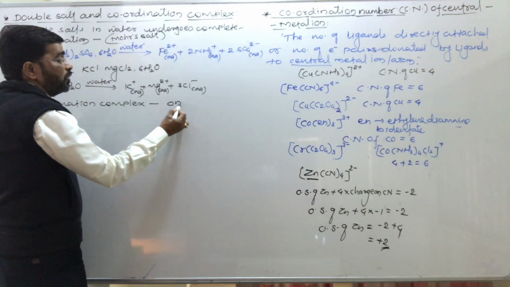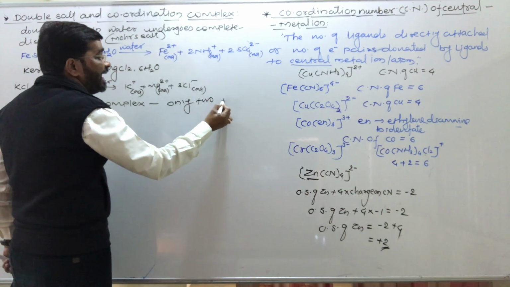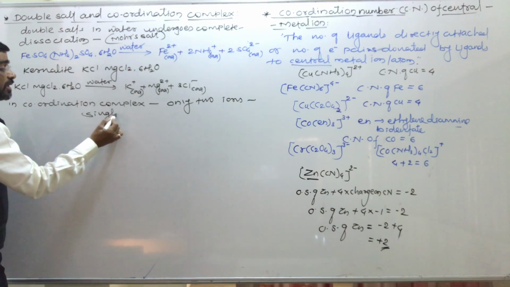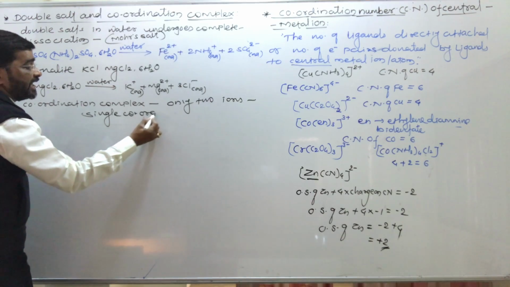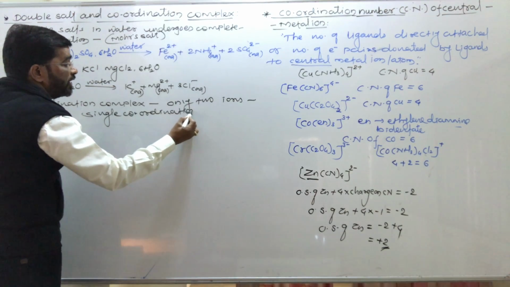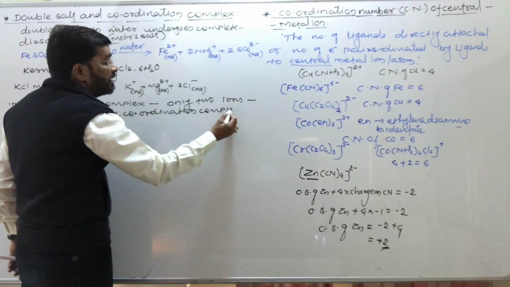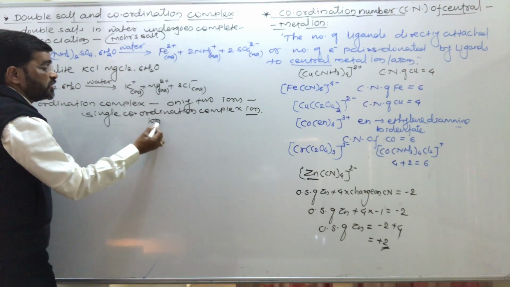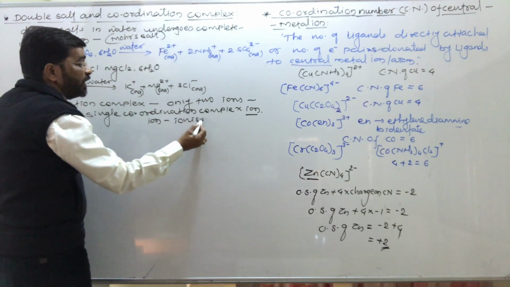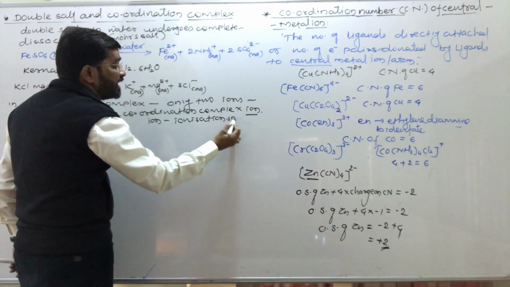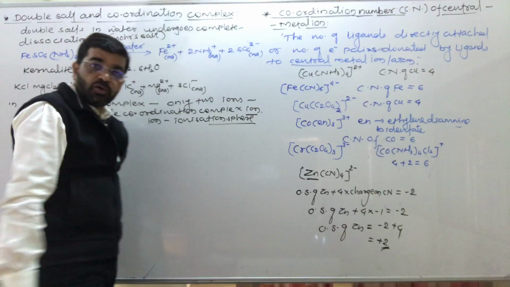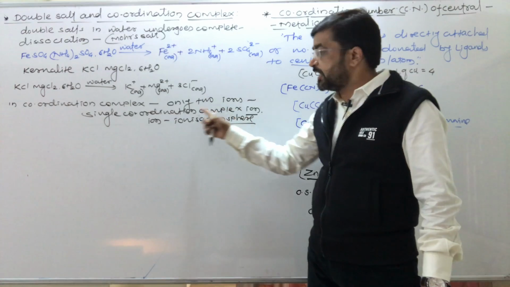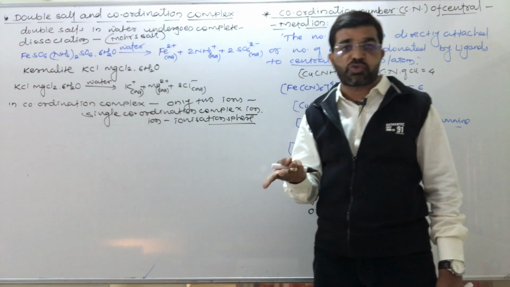Only 2 ions are formed. A single coordination complex ion is formed, and 1 ion is formed from the ionization sphere. The species in the ionization sphere form one type of ion and a single coordination complex ion is formed, so only 2 ions are formed.